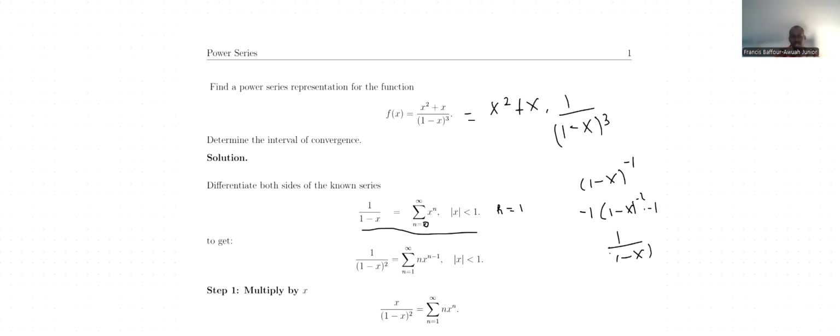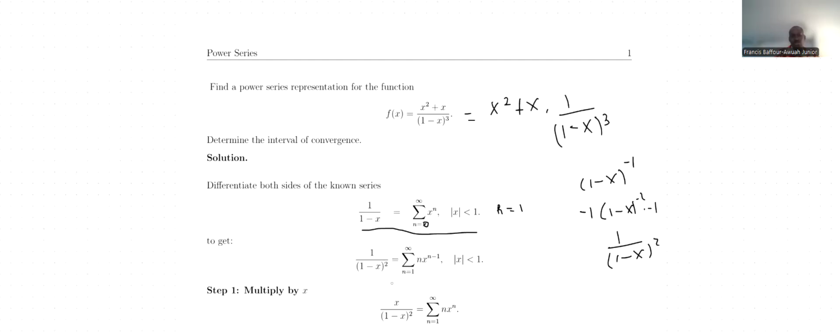Now, when we do that for the power series, this is again going to be power rule differentiation, but observe that when n is 0, the very first term is 1. So when we differentiate, that term drops away, so we're going to increase our index by 1.